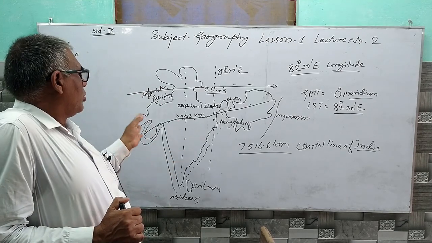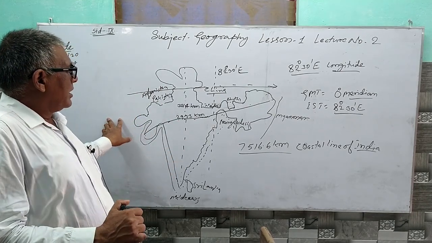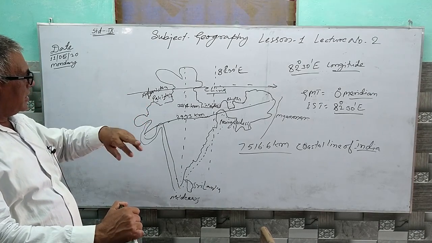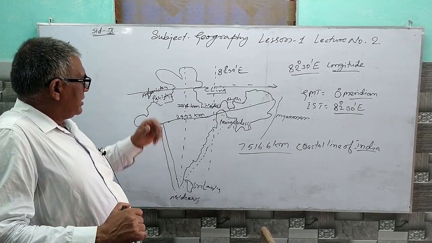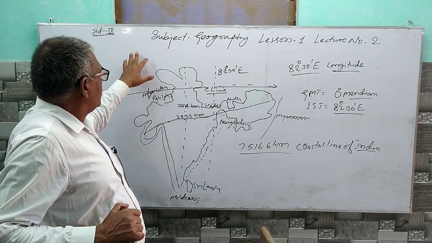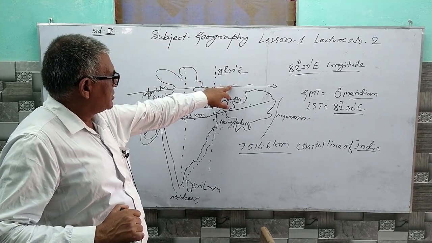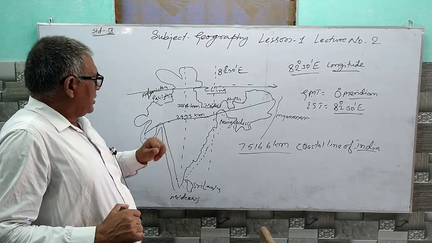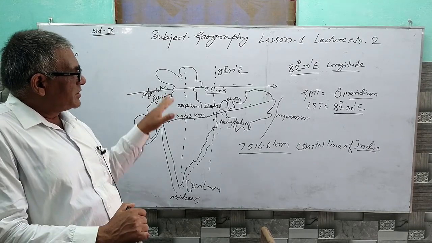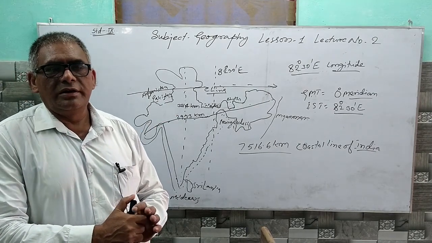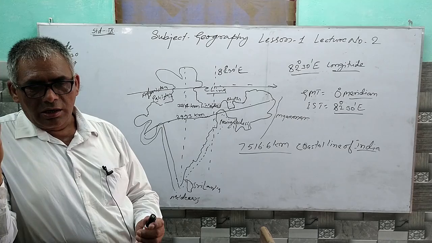Before this, there was also India's trade and India's sharing of culture and religion with other countries of the northeast and south, and this trade relation was through the land route.